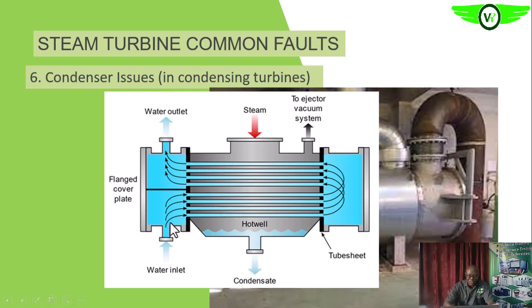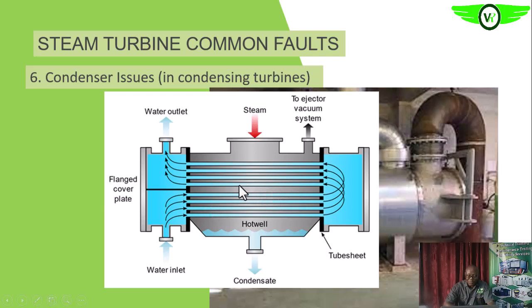So cooling water goes into the tube of the heat exchanger. So invariably the condenser is a shell and tube heat exchanger, as you can see. Are we getting it? So whatever problems are associated with shell and tube heat exchangers are also associated with the condenser.